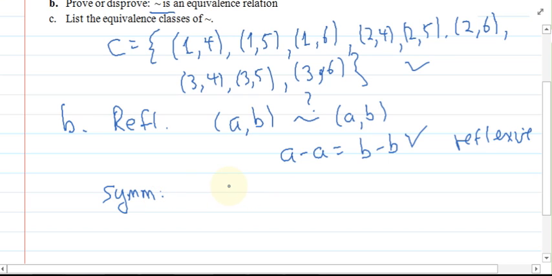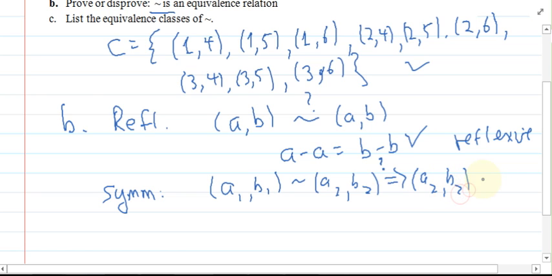Let's go down to symmetric. So in symmetric, you have 2 elements are related, and we can say this way: (A1, B1) related to (A2, B2). This should imply, and I'm going to put a question mark because I don't know if that's true or not, that (A2, B2) is related to (A1, B1).